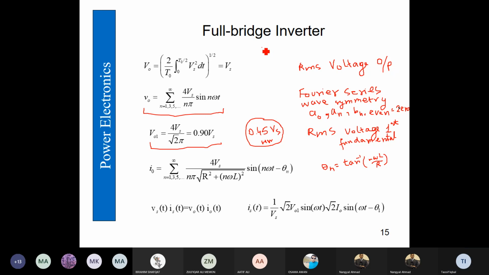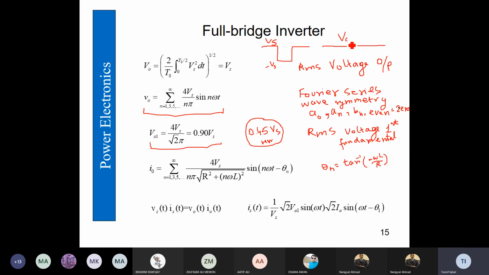Because for this kind of waveform, this is Vs, and then on the other side we have minus Vs. So taking the square of this, we will get a square like this, a DC voltage like this.